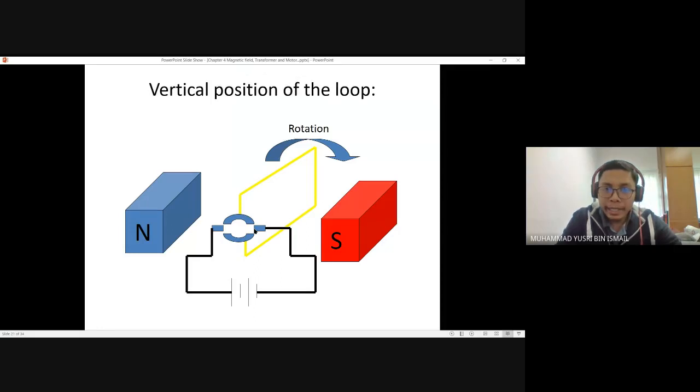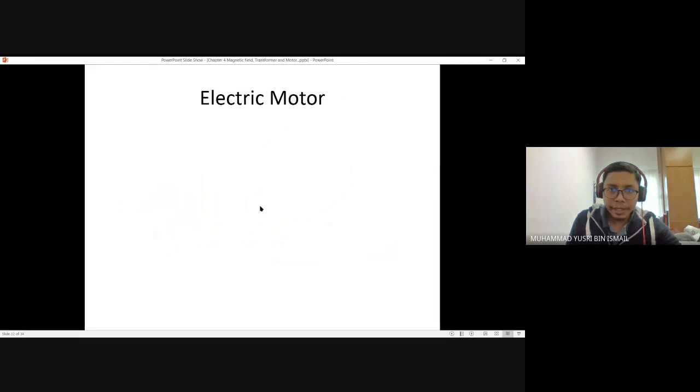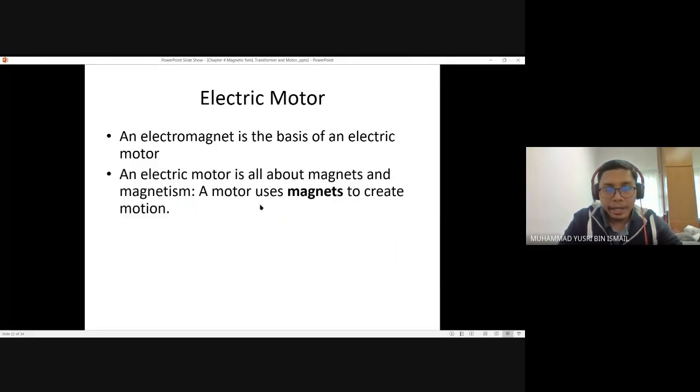The highest power, the highest energy will be when the commutator is perpendicular. Okay, this is perpendicular. An electromagnet is the basis of an electric motor.